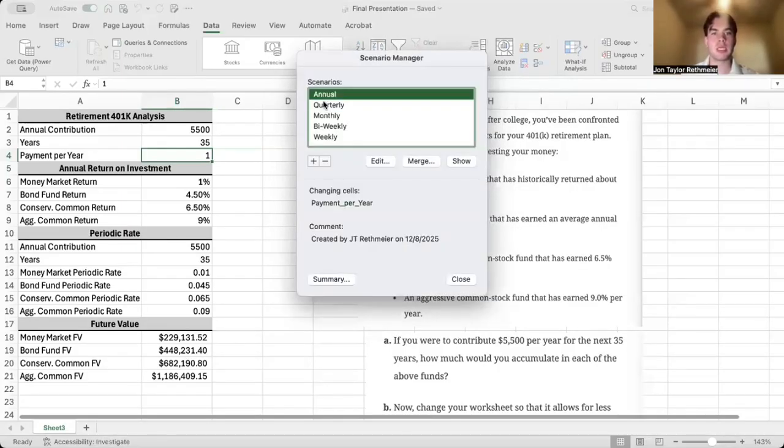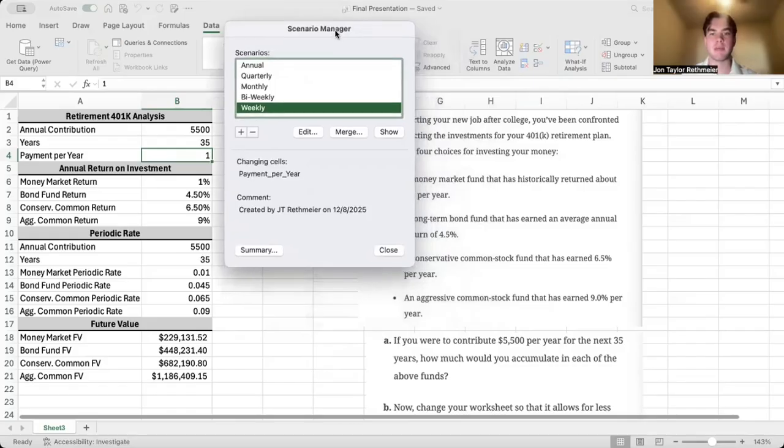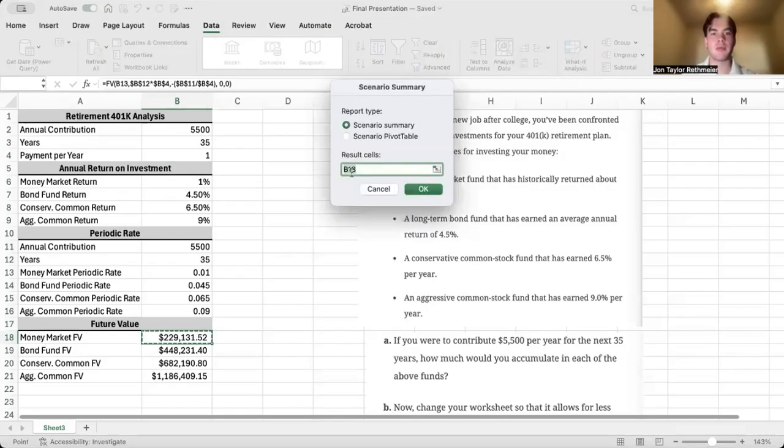Okay, so these are the changing cells to help us determine what the future value will be based on the different periodic rates, such as the amount of times you pay. So now we can create our summary. We can go here, and then for our resulting cells, we want that to be all the future values.